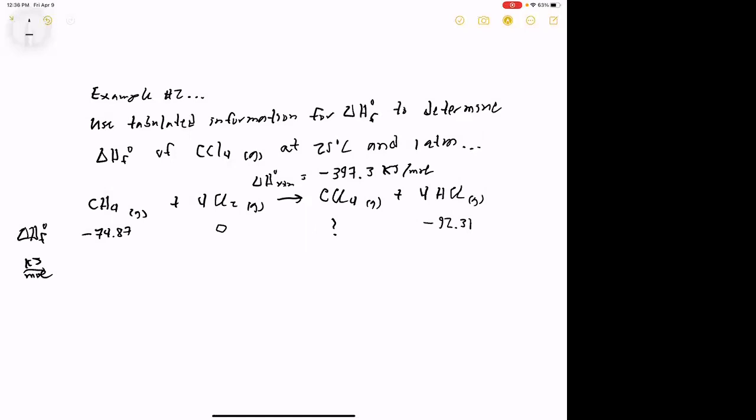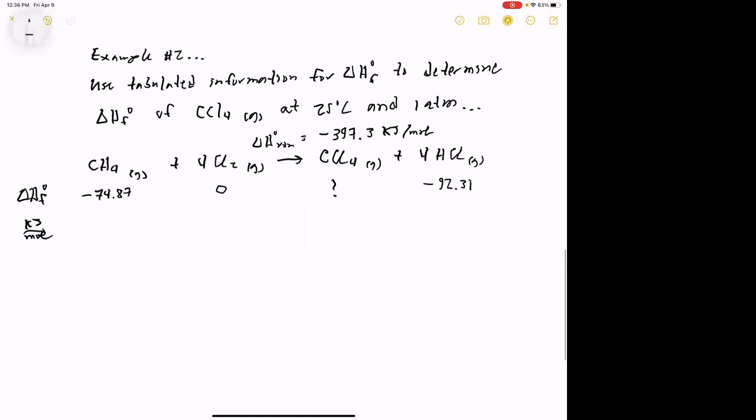So what's our starting point? Well, our starting point is going back to that nice equation I gave you in the video. And here's what it says. It says for any reaction, I can write the following.